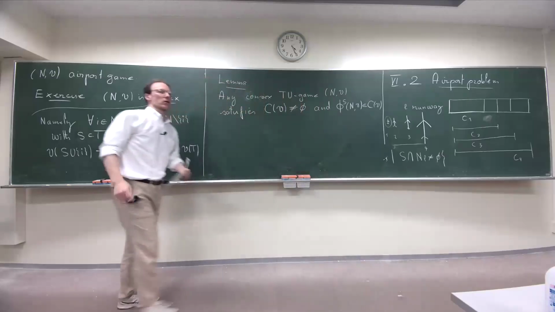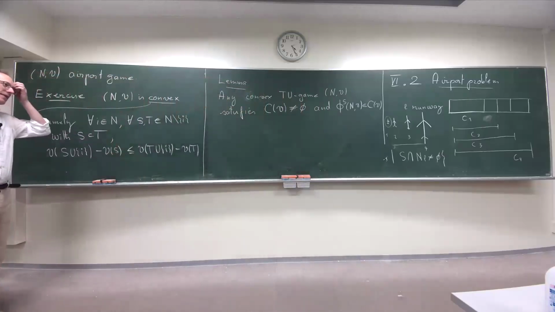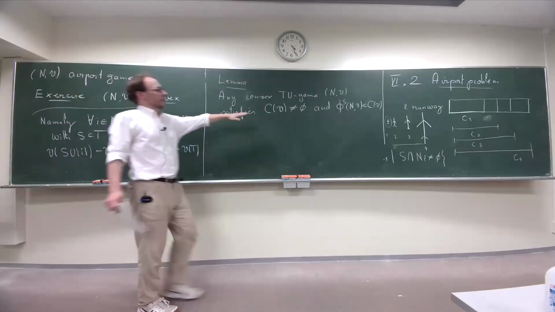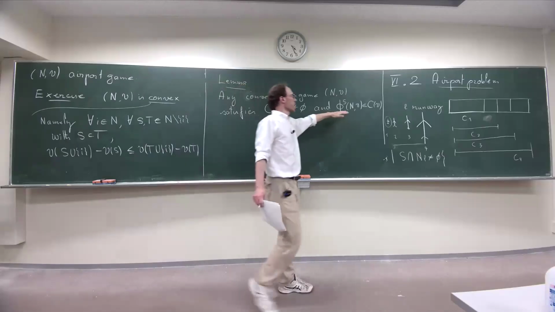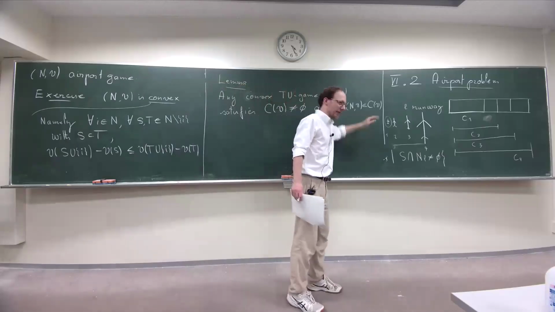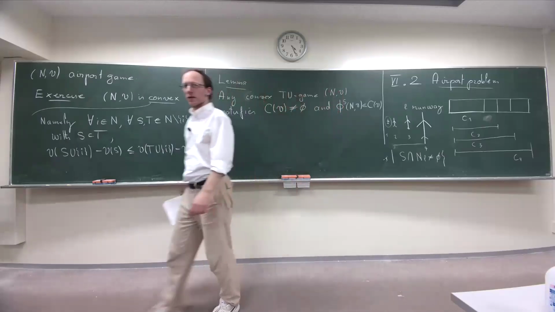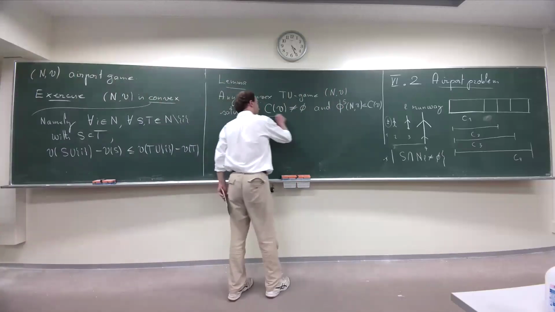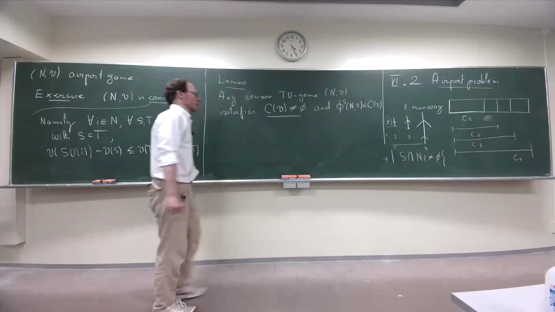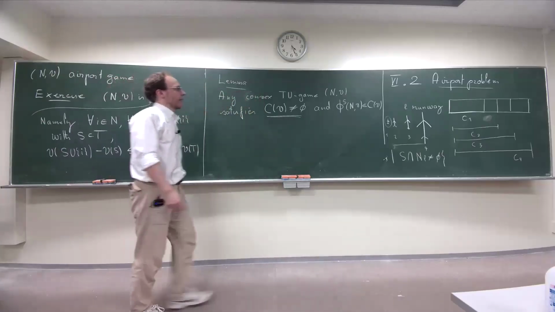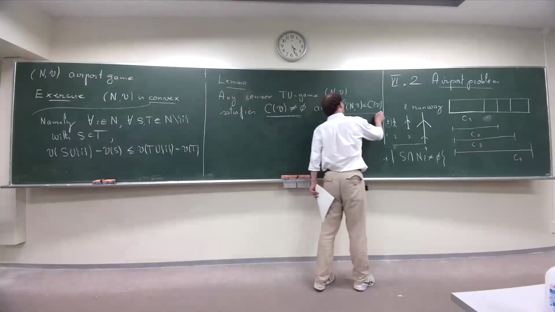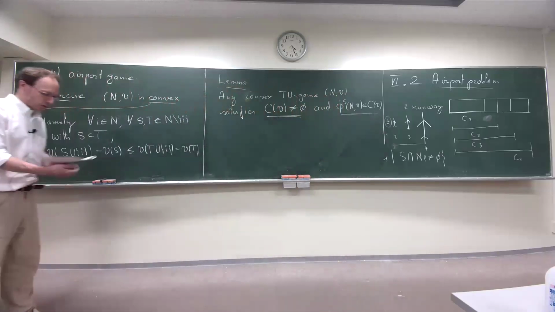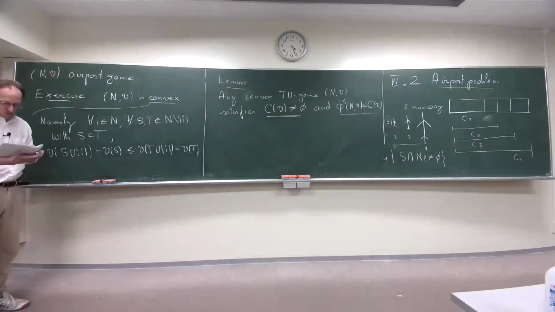So this is a good property. It says that if you are dealing with convex games, the core is not empty, and the Shapley value which I defined is inside the core. So it means if you know that your game is convex, this set which I introduced two weeks ago is not empty. And in addition, what I introduced last week is inside. This is true for any convex game. So in particular, it's true for this one.